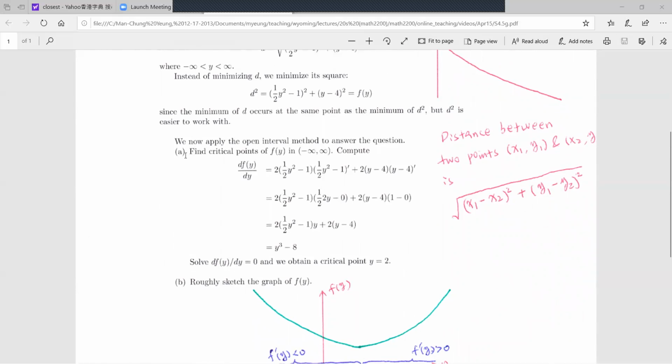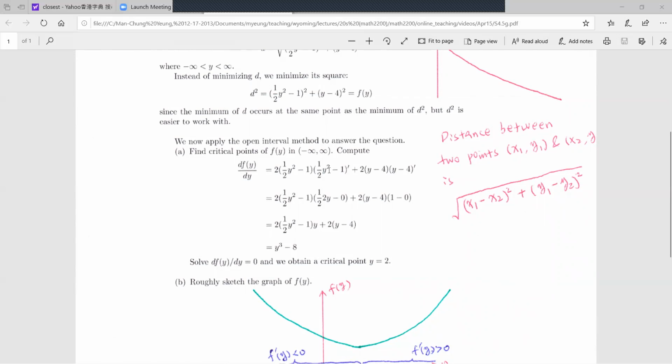Step 1 of the open interval method, we need to find critical points of the function f in this interval. So compute the derivative of the function f with respect to the independent variable y. For the first term, I can use the chain rule to get this. I also use the chain rule to compute the derivative of the second term. Then I get this.